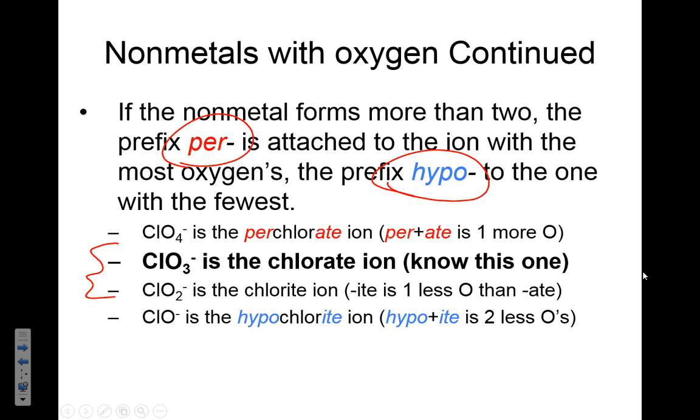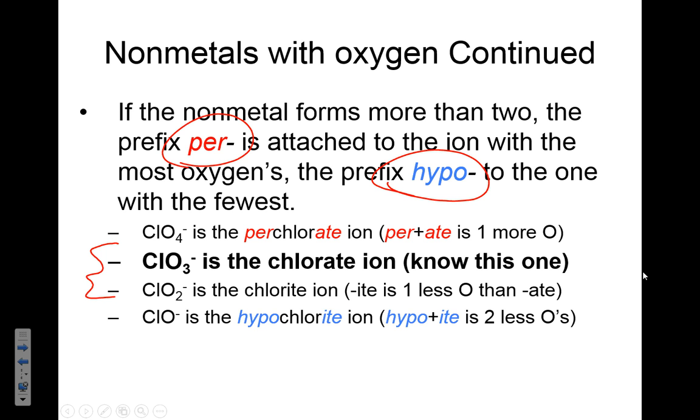And how do we show 1 less oxygen than the ite? Well, we would use hypo-ite. So hypo-ite means another oxygen is being taken away. So literally it would be 2 less O's than the ate. So I bolded the ate here because if I remember that one and I know this relationship, I know all 4. Ite is always 1 less than the ate, hypo-ite is going to be 2 less, and per-ate is going to be 1 more.